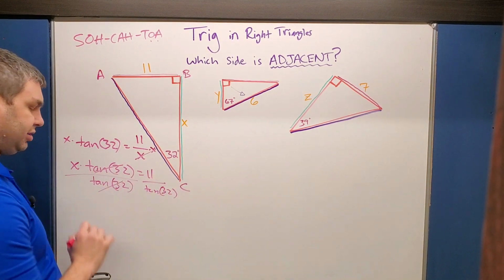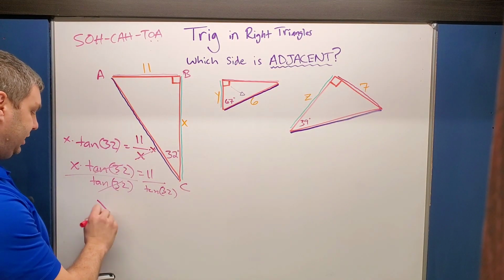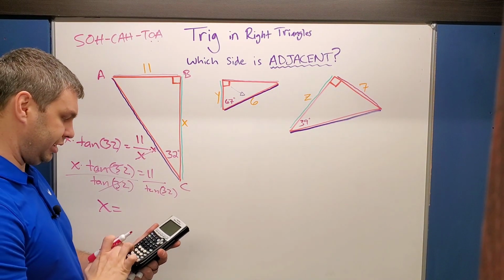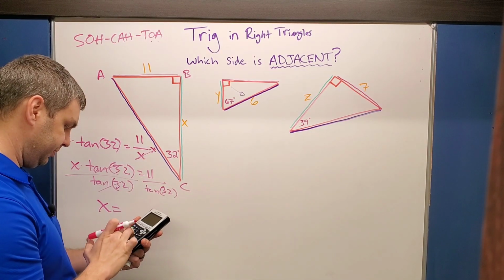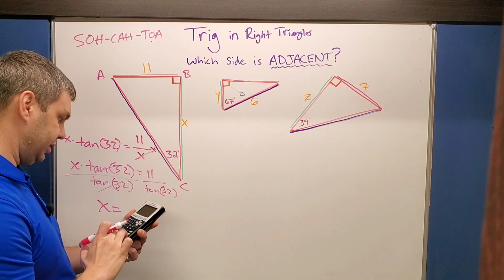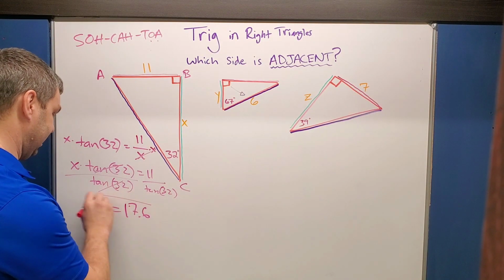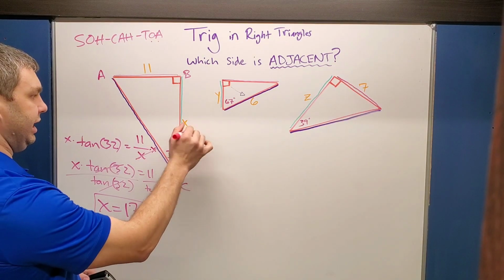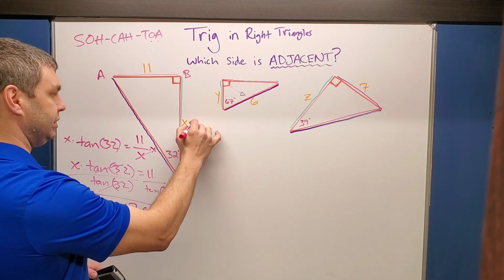It cancels on this side, and I'm just left with X. Then in the calculator, I'm going to type in 11 divided by tangent of 32, and this gives us 17.6. So 17.6 is what the X is going to be in this case.